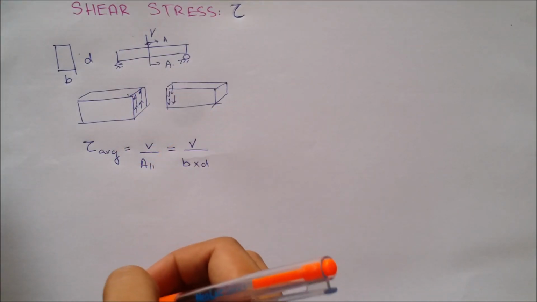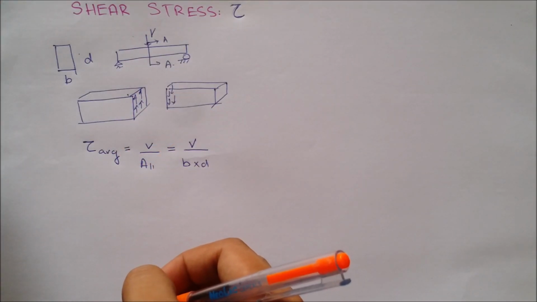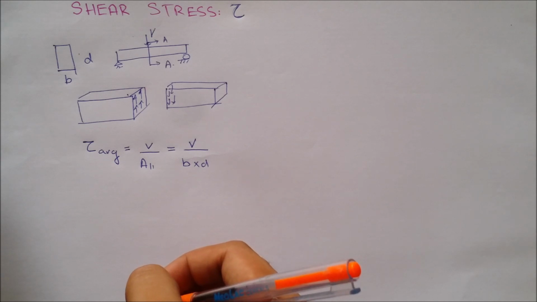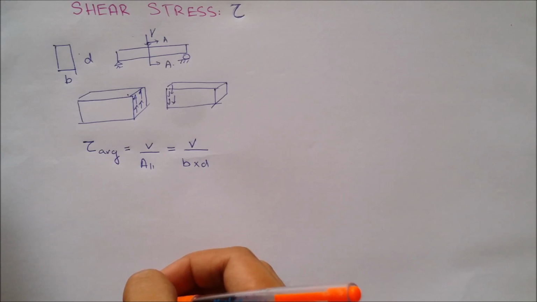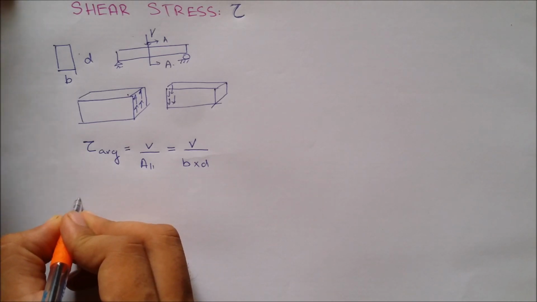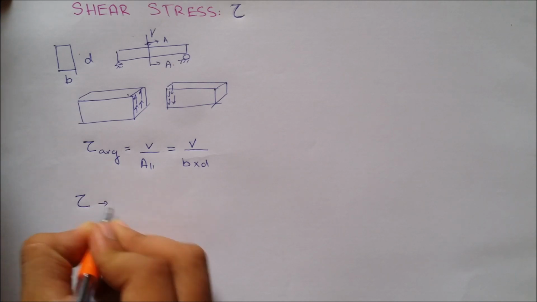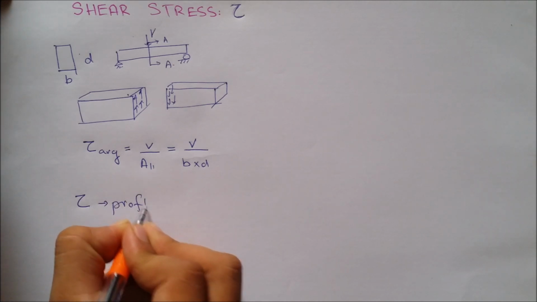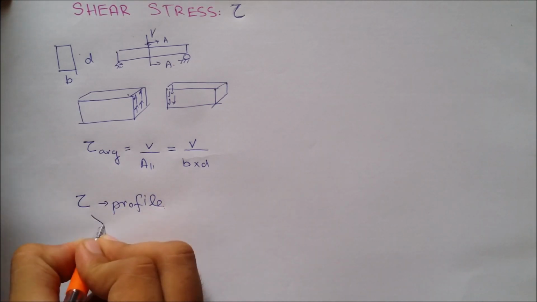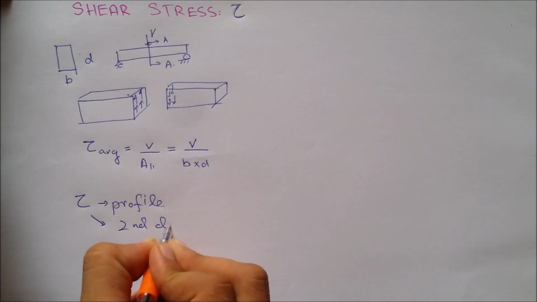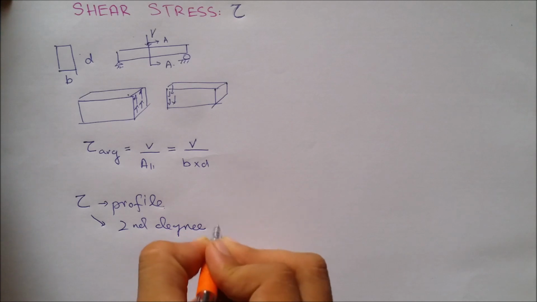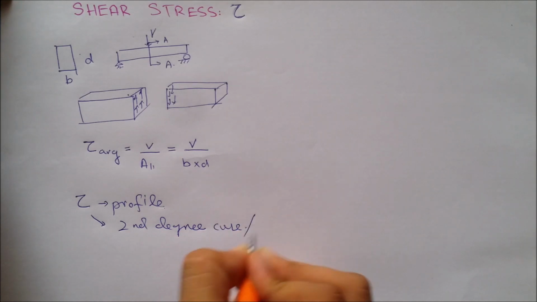To find shear stress variation within a cross section means we desire to find out how much stress is varying in a cross section. The shear stress profile is constructed. The shear stress profile is a second degree curve usually, or we can say it is parabolic.